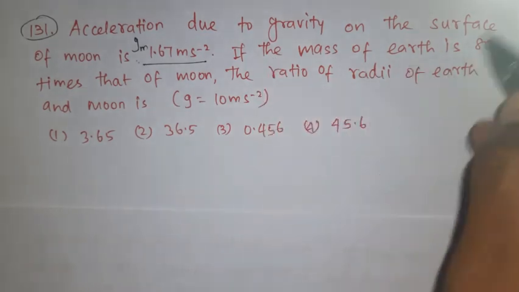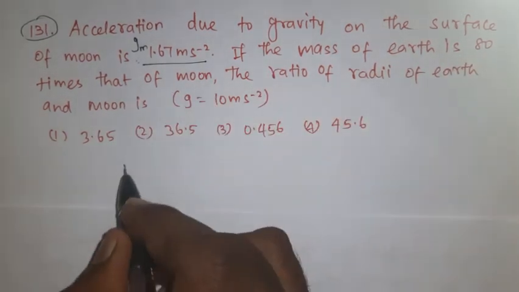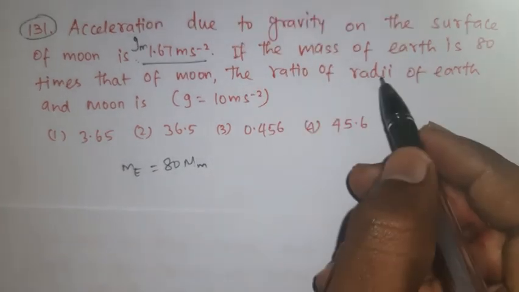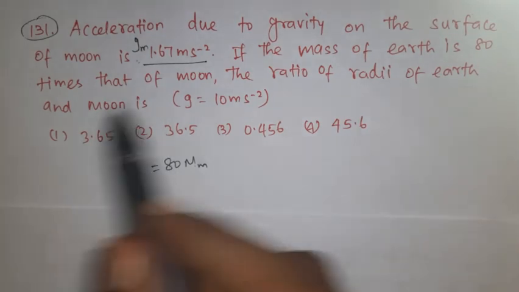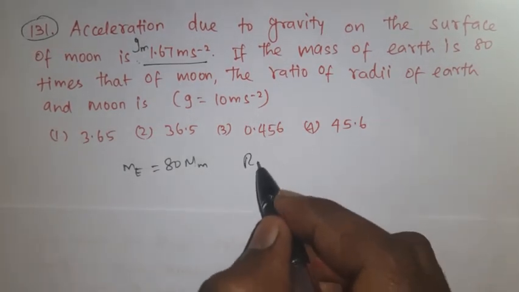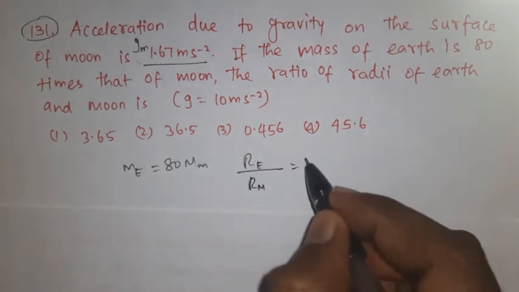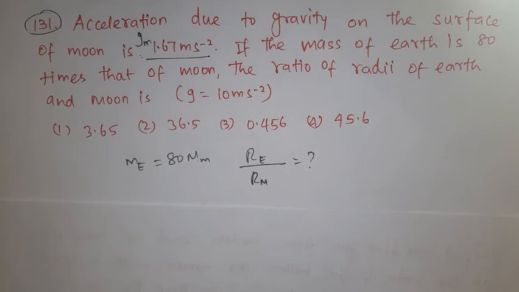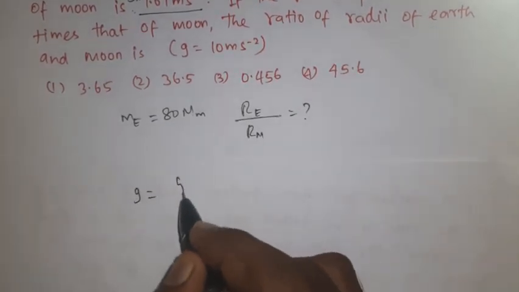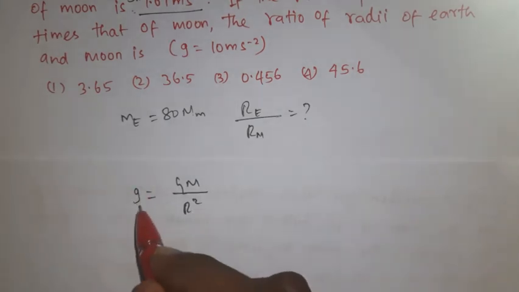If the mass of earth is 80 times that of the moon, the ratio of radii of earth and moon is, so the ratio of radii of earth and moon. We know the formula for acceleration due to gravity, g is equal to GM by r square. Now you can write for earth, this is e.